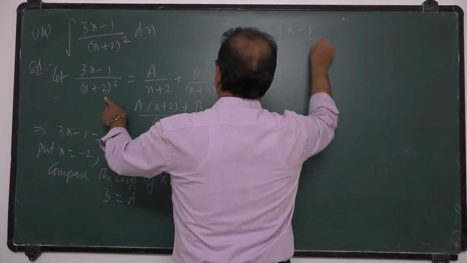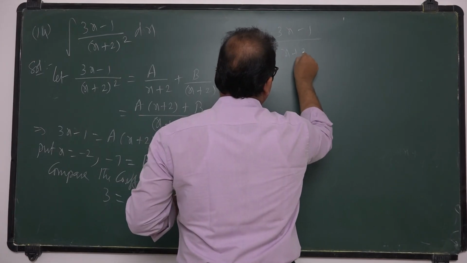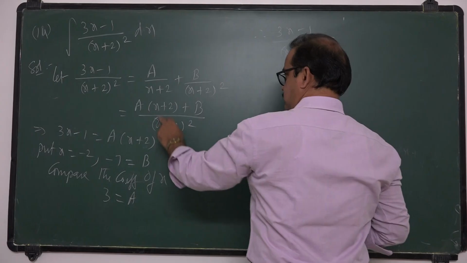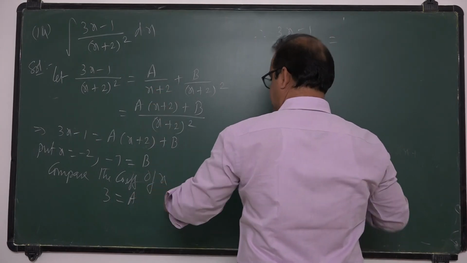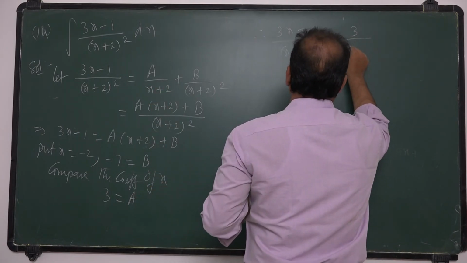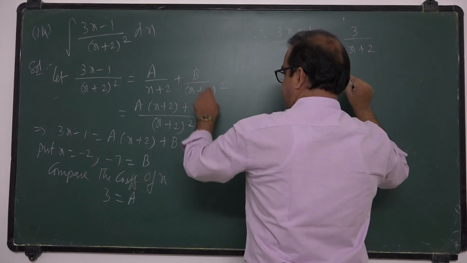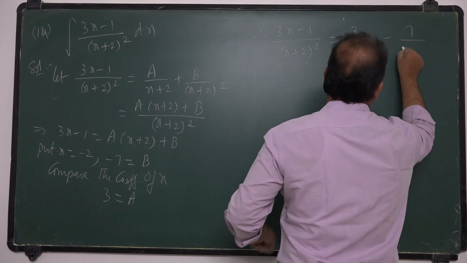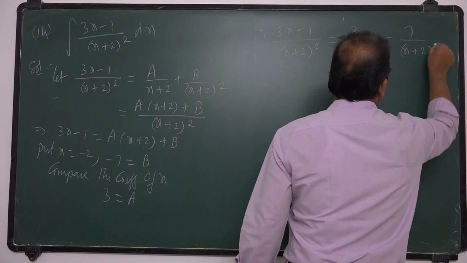Therefore (3x minus 1) by (x plus 2) whole square is equal to A by (x plus 2), A value 3 by (x plus 2), plus B by (x plus 2) whole square, B value minus 7 by (x plus 2) whole square.